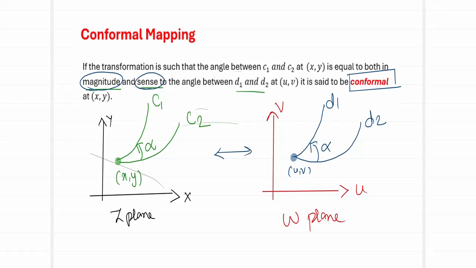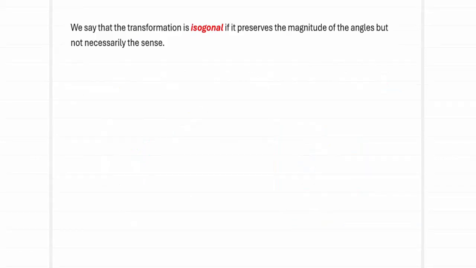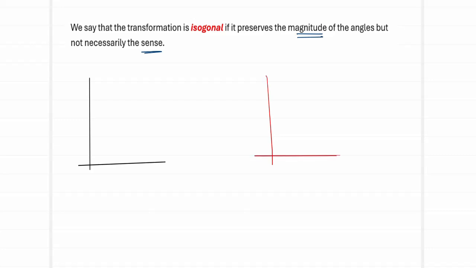Now, what happens if they cannot be preserved? We say that the transformation is isogonal if it preserves the magnitude alone, but not necessarily the sense of the angle. So how can this be visualized? Again, let us take our z plane, and what we require is the w plane.